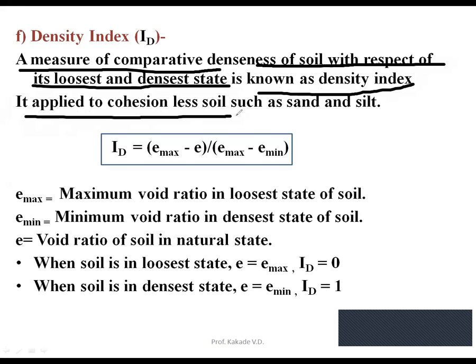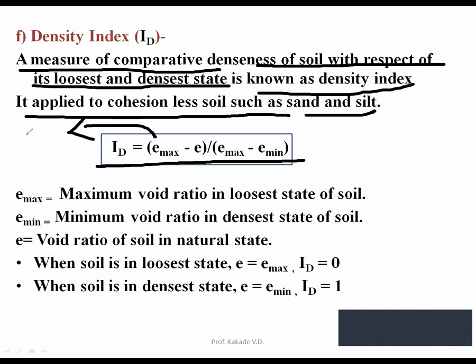It applies to cohesionless soils such as sand and silt, because cohesive soil is already compacted and consolidated due to its high cohesive property, while cohesionless soils contain a large amount of voids. The formula is the ratio of Emax minus E divided by Emax minus Emin.